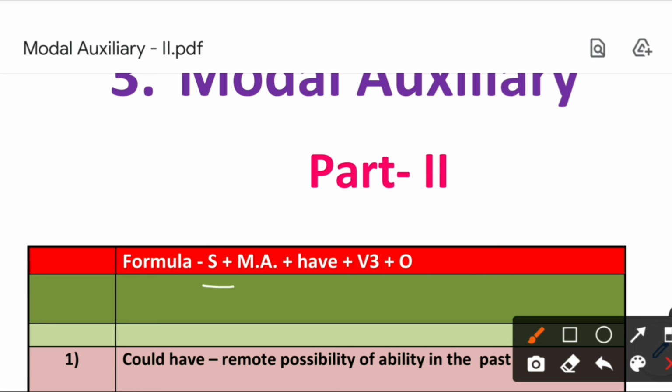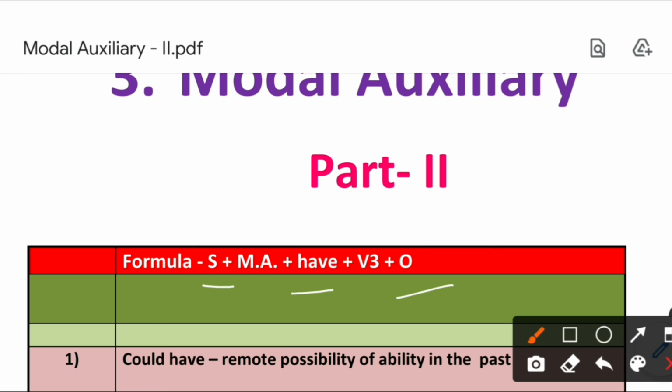Either noun or pronoun you have to use in the beginning of the sentence, and then could have, would have, should have, according to the meaning you want to convey through your sentence. And as we are using here have, we have to use verb third form. And then object, that means remaining part of your sentence. In simple language I'm telling you this.